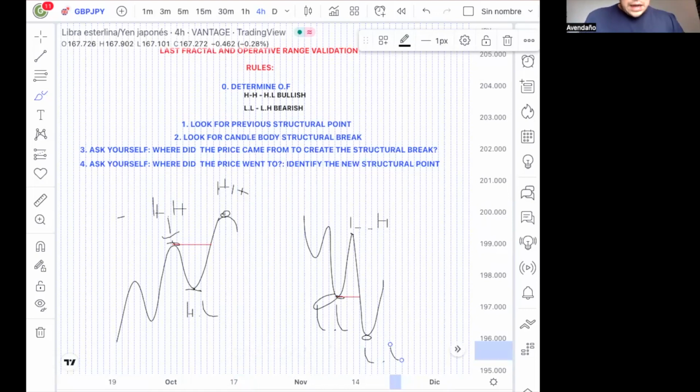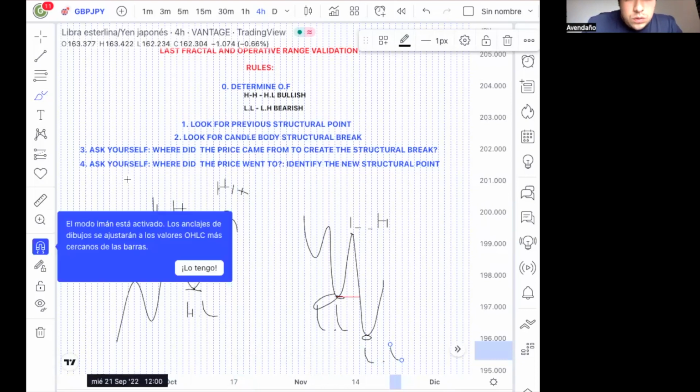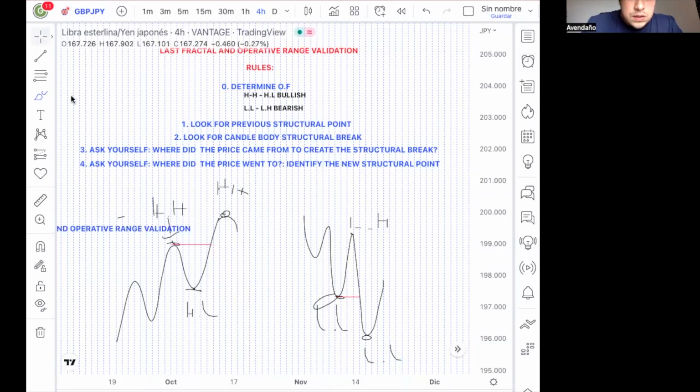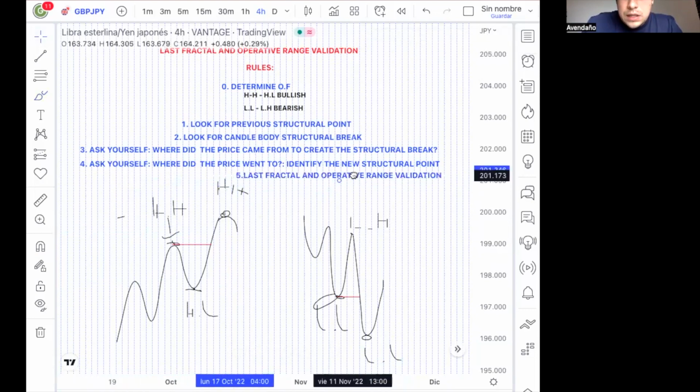Perfect. Now that we have researched those 4 things, we may have the last rule, which might be this last fractal and operative range validation.